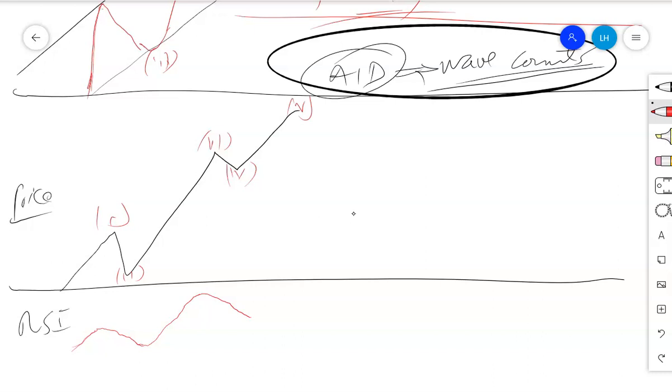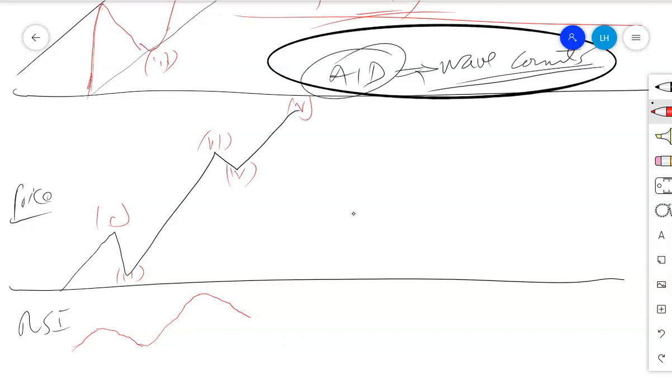And finally in the fifth wave, it will vary depending on the number of traders or the number of lots traded. Now, how do I identify the wave counts?